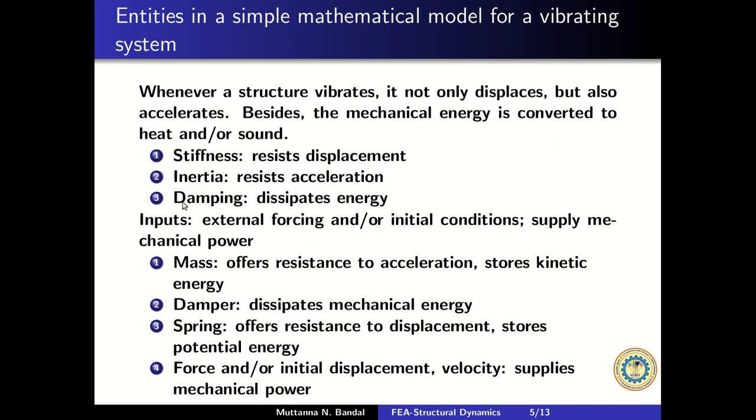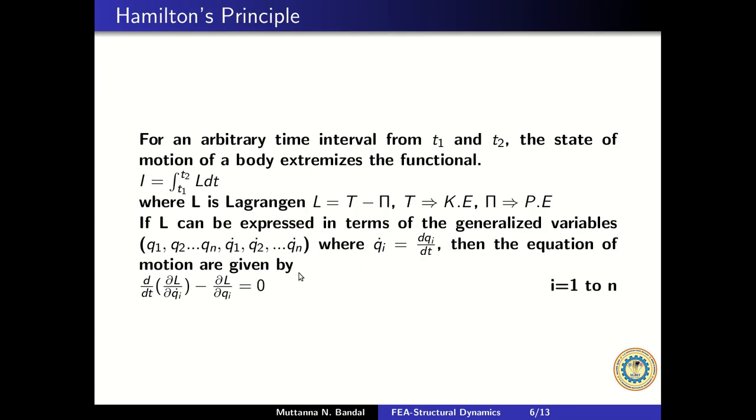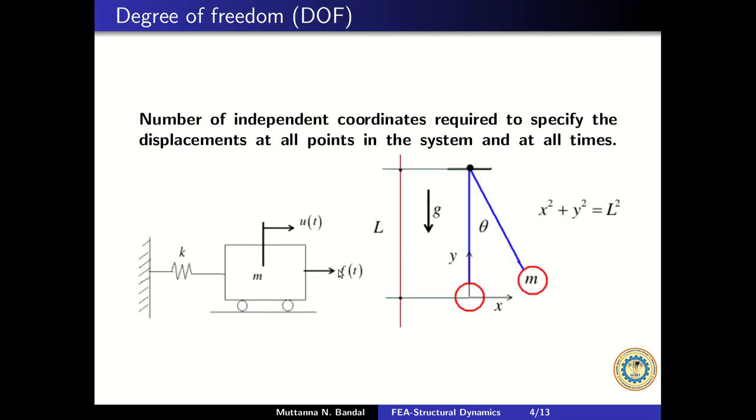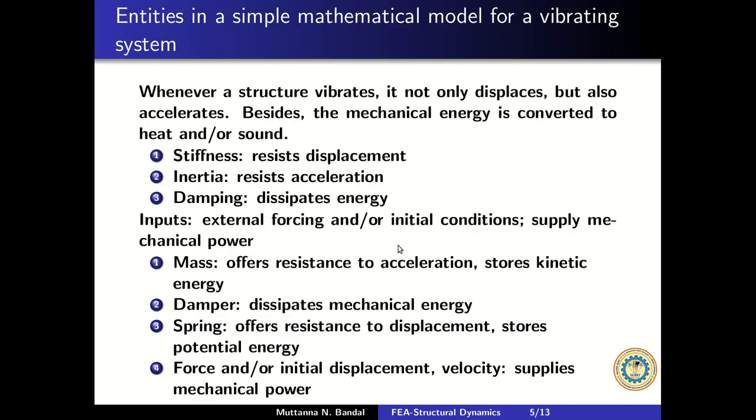That part we call damping, which dissipates the energy. The input to make all these things happen is an external force, which is f of t, or we call it an initial condition.